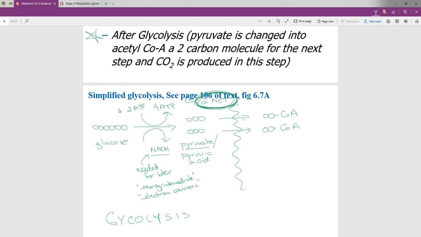If you take a look at the number of carbon molecules, this step requires oxygen. Oxygen comes in because we need to account for the number of carbon molecules. Over here in pyruvate, there are 3, but acetyl-CoA only has 2. So when this 1 carbon combines with oxygen, you actually make some carbon dioxide.